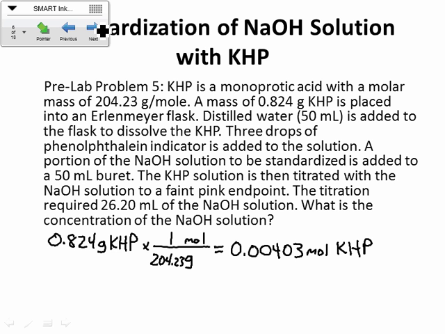And you can put that in scientific notation if you're more comfortable with that. So that's the number of moles of the KHP. For every 1 mole of KHP, we have 1 mole of H+, and so that's also how many moles of H+ we have in that solution.